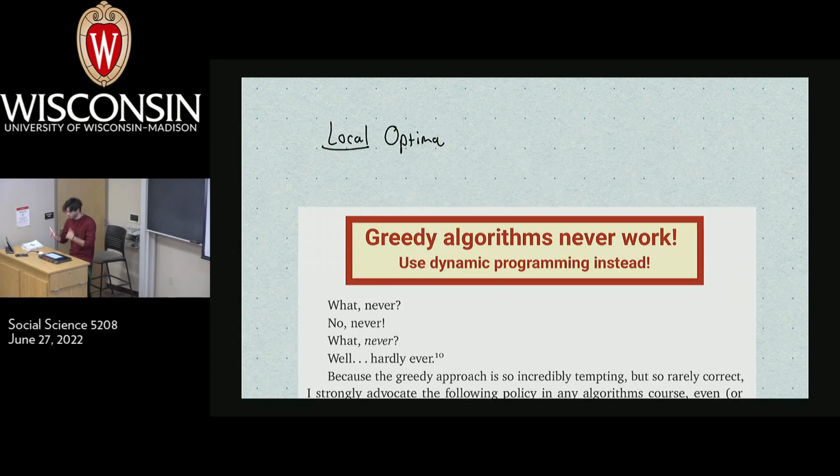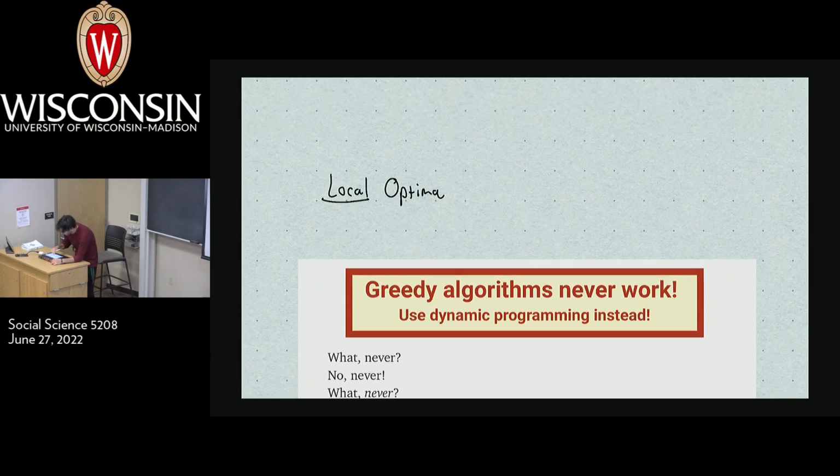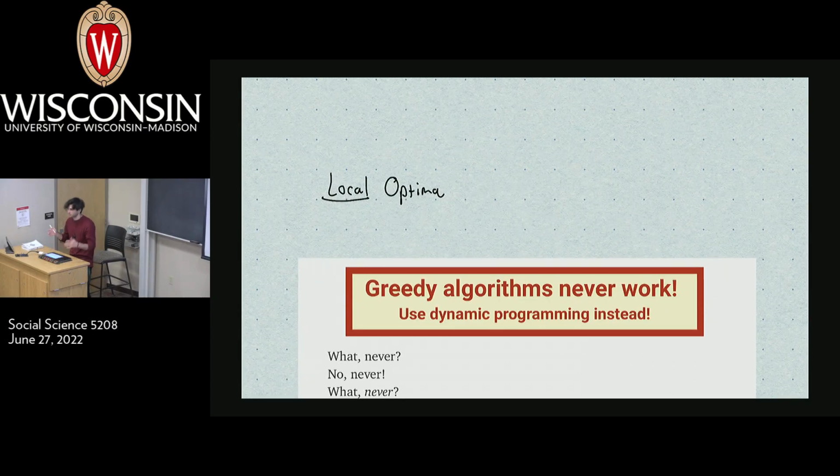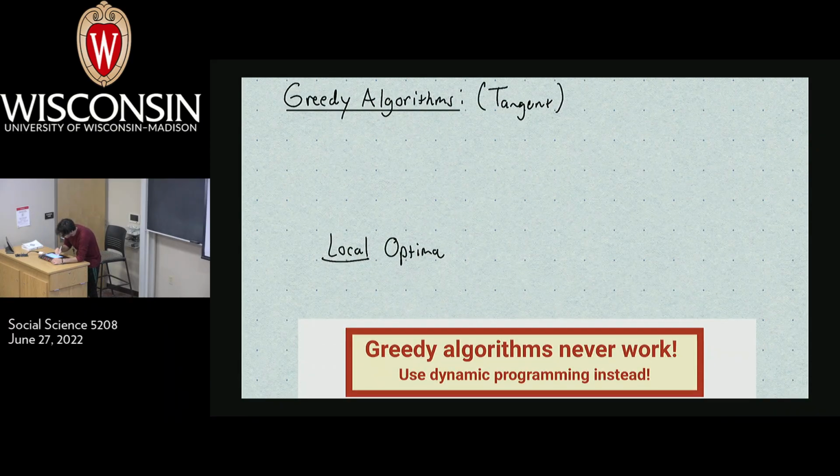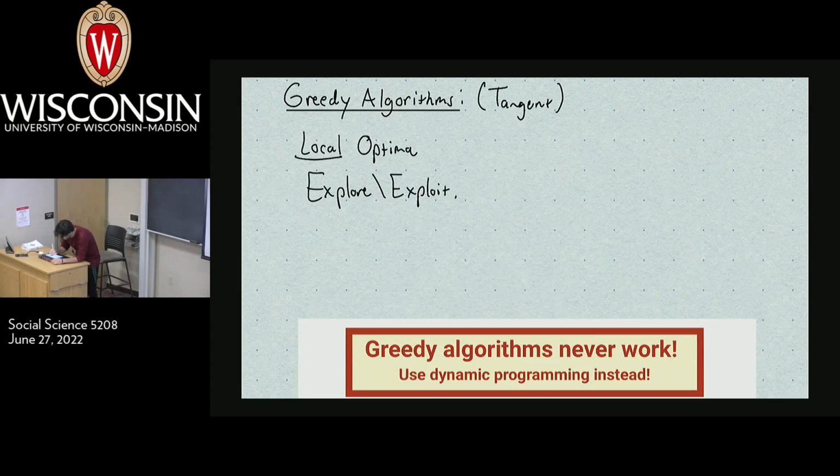So if you had a for loop and you're computing your maximum payoff over a time horizon, it's saying, well, I'm going to do the best thing right now and kind of hope that that works out. One really nice example of this is the explore-exploit problem.